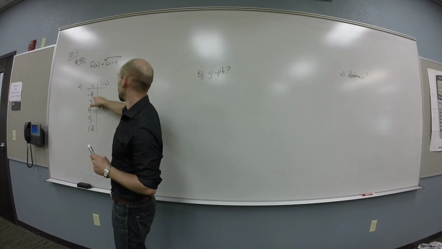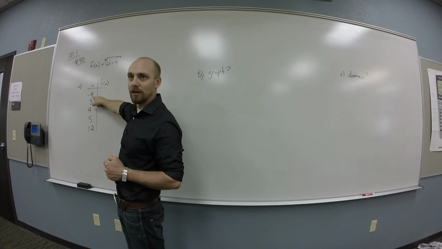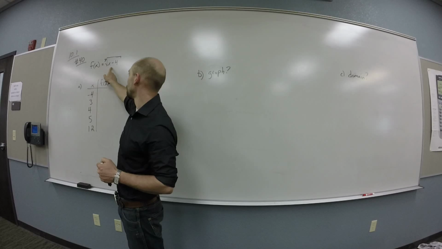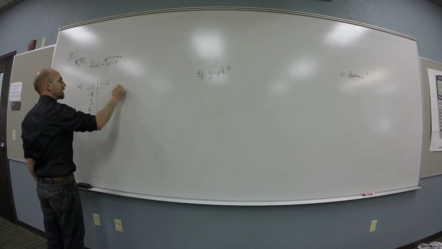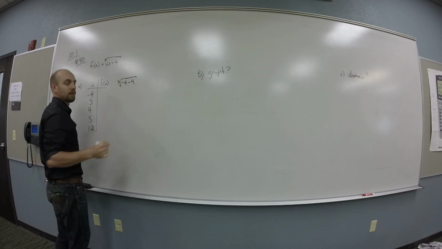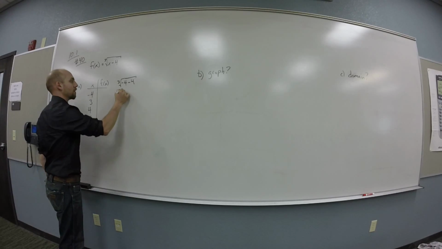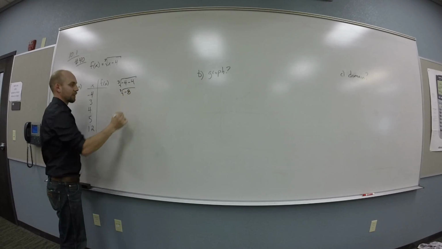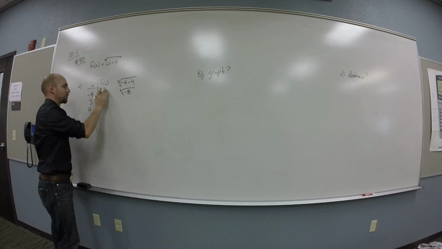Okay, so I want to think about where negative 4 goes as an input, right? So I put it in for the x here. And so I'm going to get, let's see, cube root of negative 4 minus 4. That's the cube root of negative 8, which gives you negative 2.